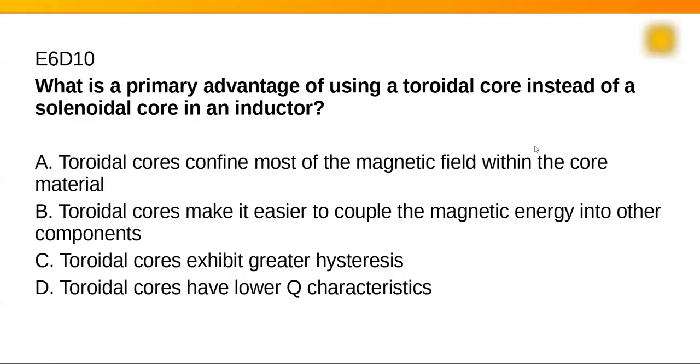Well, think of it, before they started doing toroid chokes for your antenna, you coiled up what, 5-6 turns of coax? Yeah. And the bigger that coil, the more inductance it had.